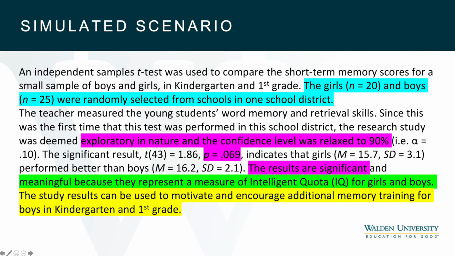And I'm sure you understand now that some of these concepts, such as meaningfulness, is not really black and white. I can tie it in with the sample size and I can tie it in with the significance. It's not very meaningful to just select one school district. It's not very meaningful to have a small sample size. And the results are not very meaningful because I've moved the bar. And representing a measure of IQ for such small children is not very meaningful either.